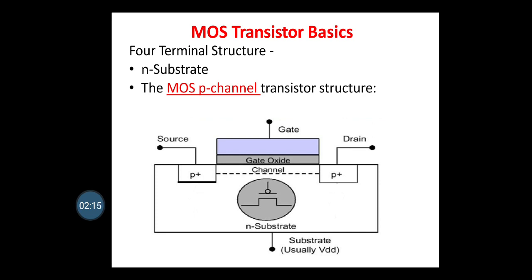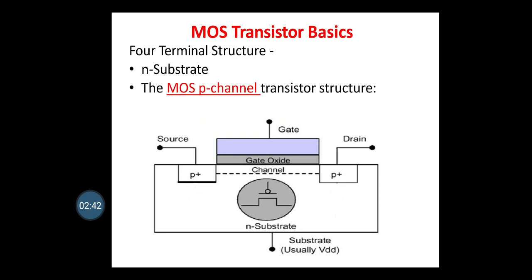Here you can see the construction of the MOS. You have an N type semiconductor as a substrate and two P type semiconductors, on which one, the drain, is connected, and the other, the source, is connected, and the center one, that is the gate, is connected.